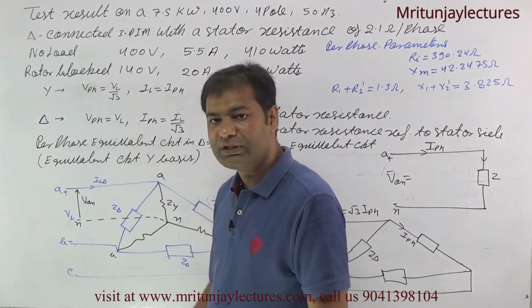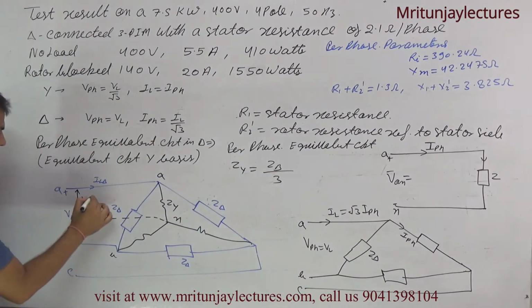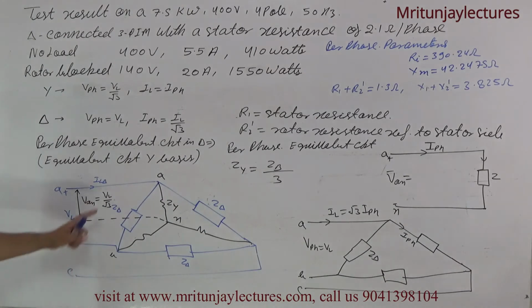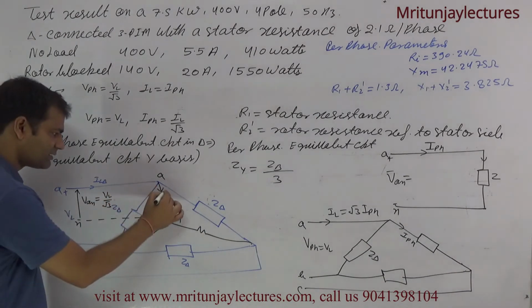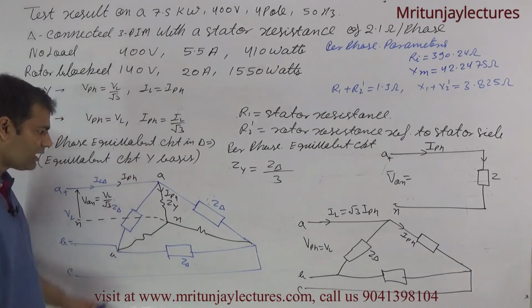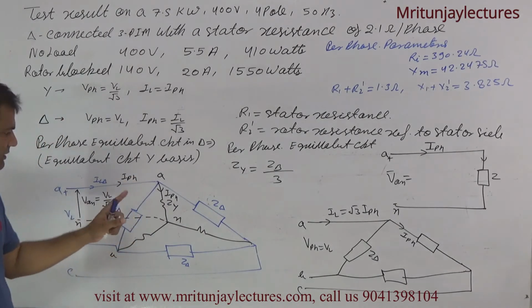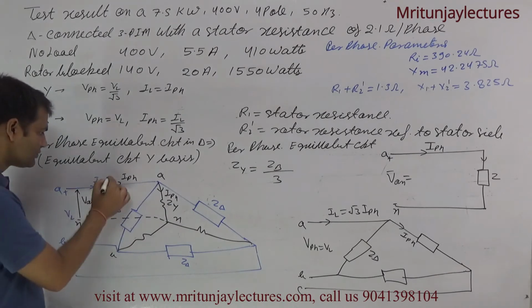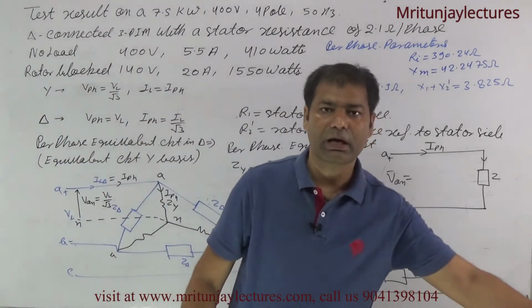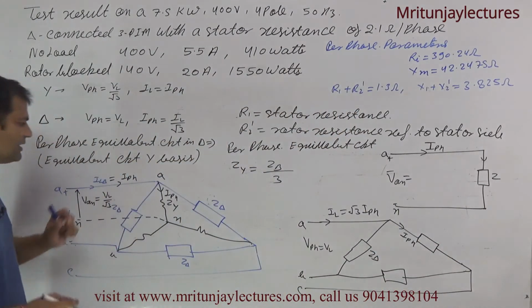So what about V of An? That is VL by root 3. It is clear. Now this current is IPH, the per phase star connection current. So IL delta is equal to IPH.